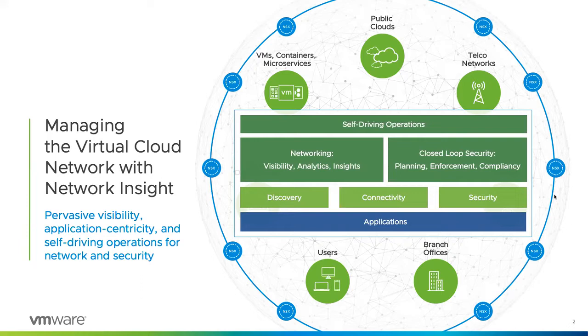So when we talk about this, we focus on users at the end branch, or end users at the branch office, telco networks, public clouds. I mentioned VMs, containers, microservices, and stitching that all together through, again, a single pane of glass.